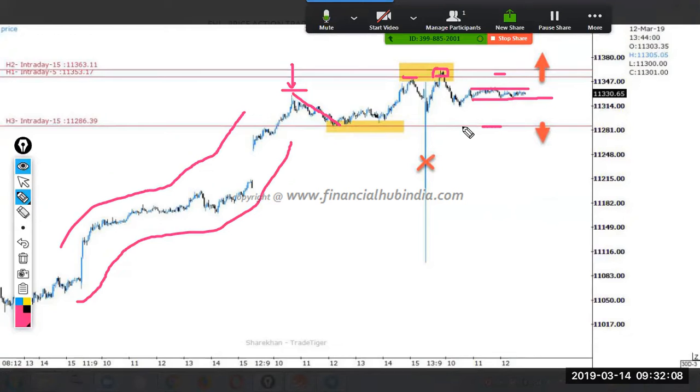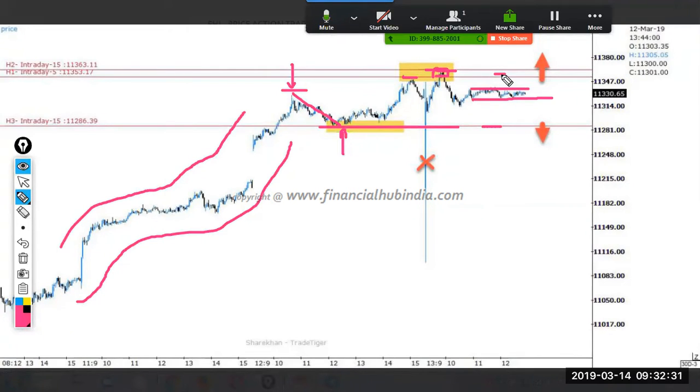The clear direction will be seen only when the price breaks through any of the key layers. One is on the upside and one is on the downside. Towards the downside, I can see this is the main key layer. Basically, there are reasons why this is the main key layer.